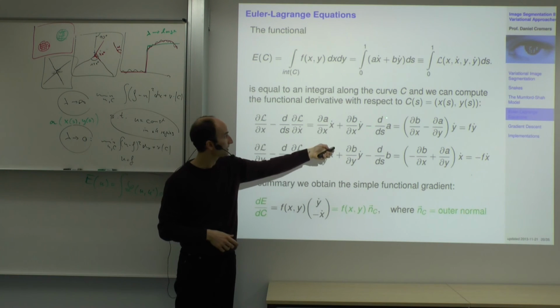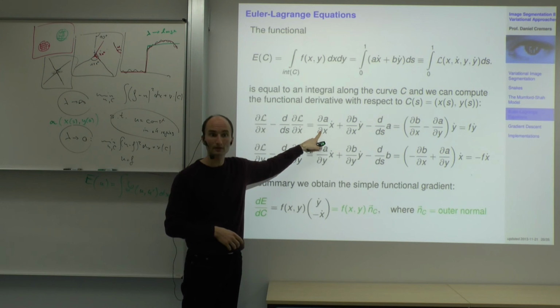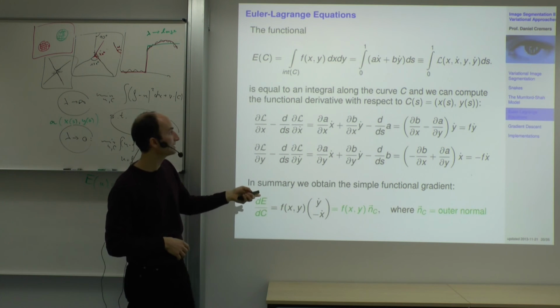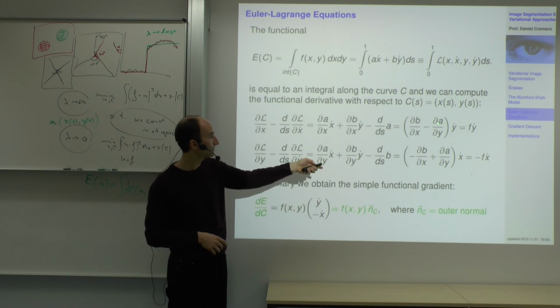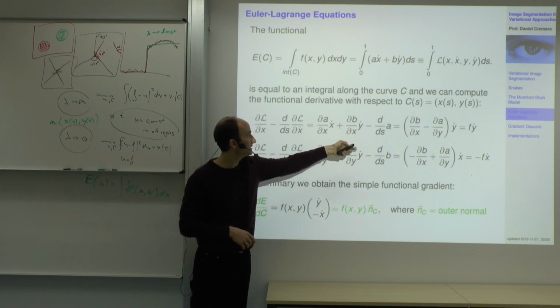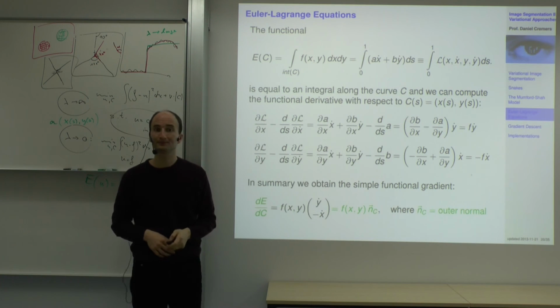And so if we have here minus dA by dx times x dot, that term cancels with this one. And then we have minus dA by dy times y dot, and that is the term that I put here. And so regrouping all the terms, we have y dot times dB by dx minus, from here, dA by dy.